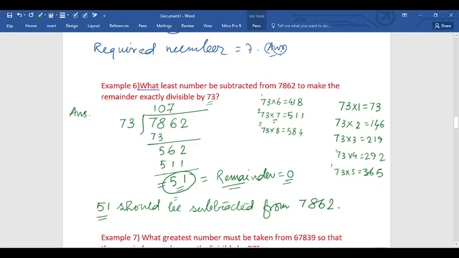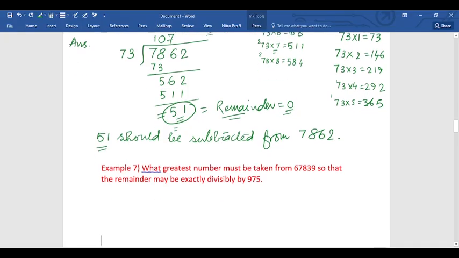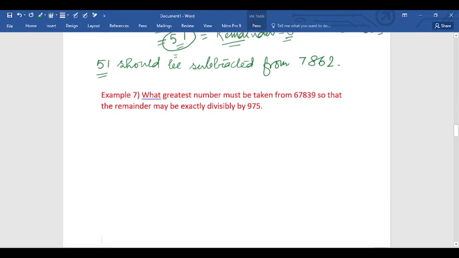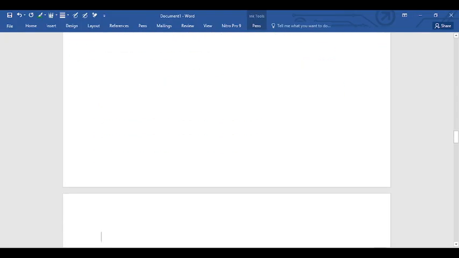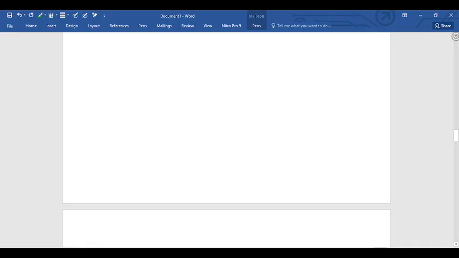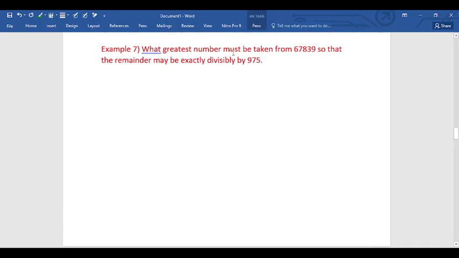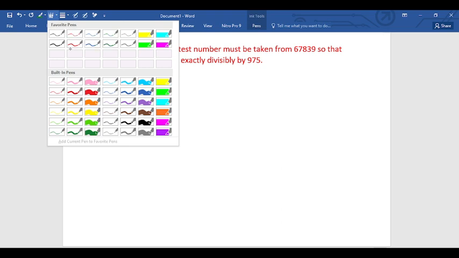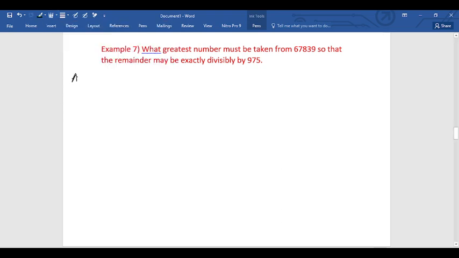Next, example 7. What greatest number must be taken from 67839 so that the remainder may be exactly divisible by 975? Okay, exactly opposite of example 6.